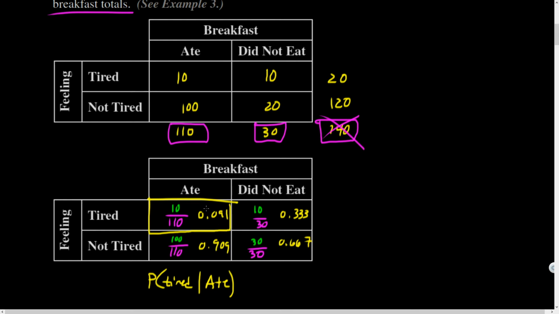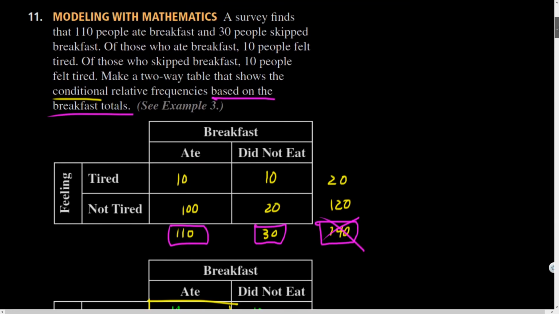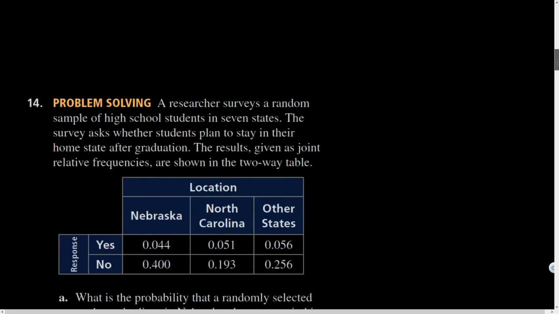Whew, man, I'm practicing this vocab myself, friends. And so, yeah, that's how that works. So this would be the probability that someone was not tired, given I already knew they did not eat. Okay. So it appears as though that's all set. They didn't need me to do any more analysis on this. Conditional relative frequencies. Good to go.